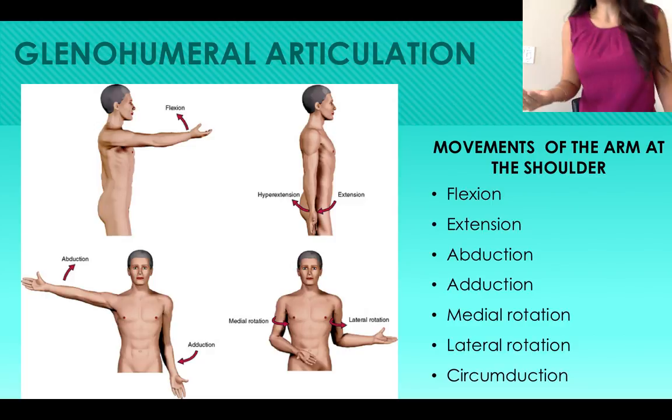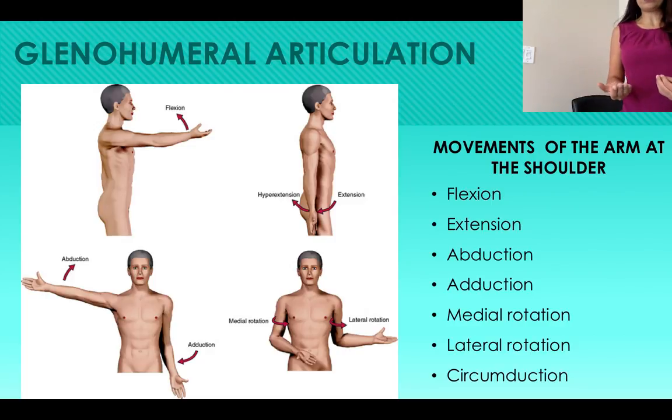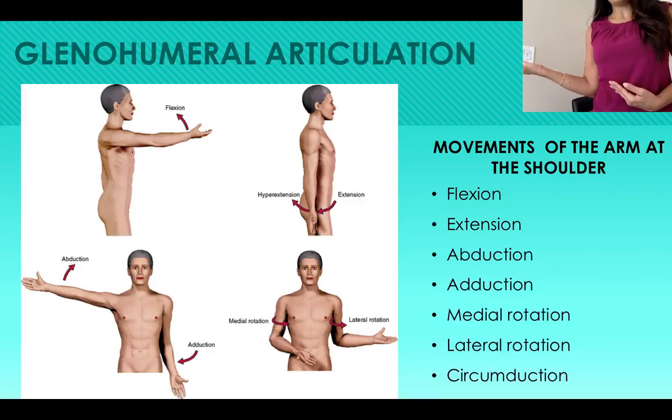Medial rotation is better seen when your elbow is flexed. This is flexion of the elbow. So this is medial rotation, when you move it towards the midline of your body, and this is lateral rotation. Medial rotation, lateral rotation.